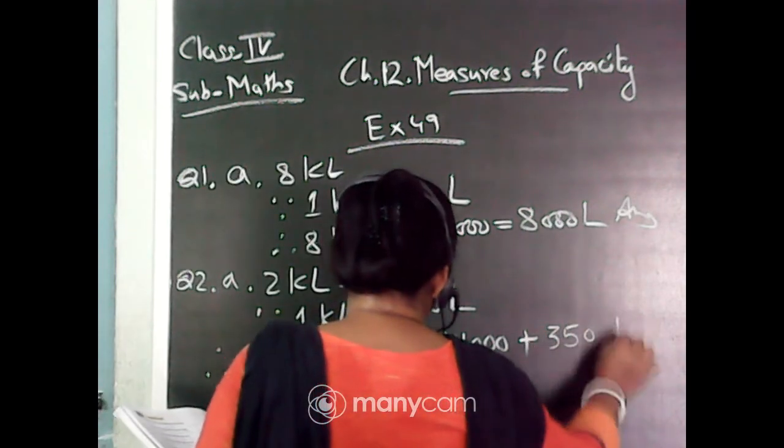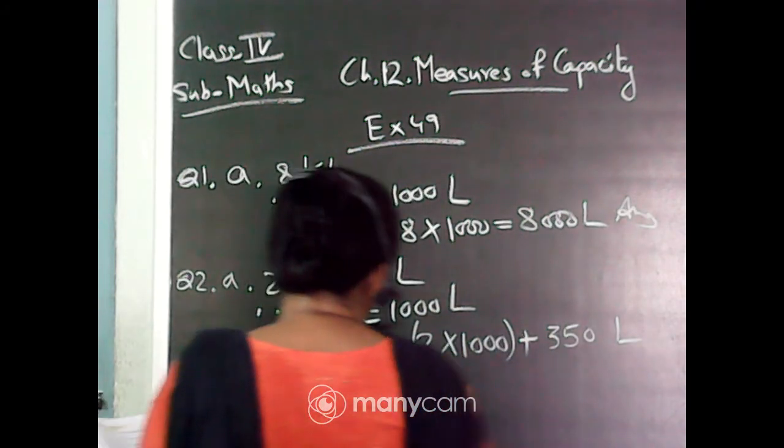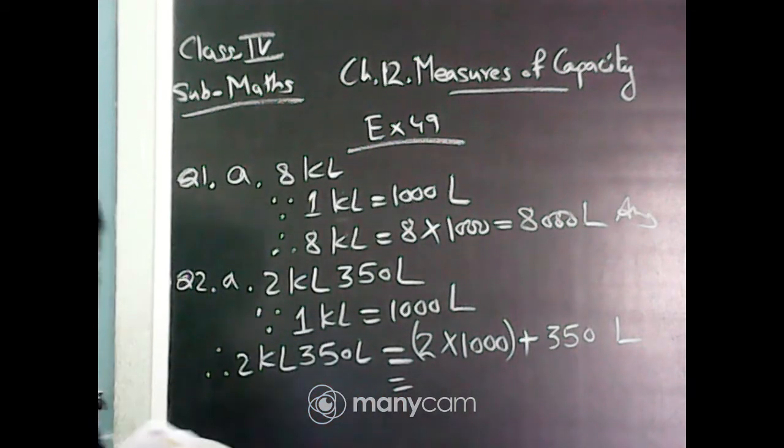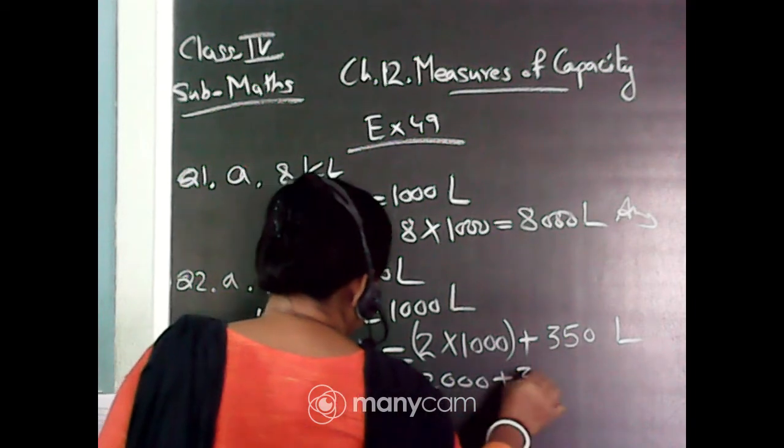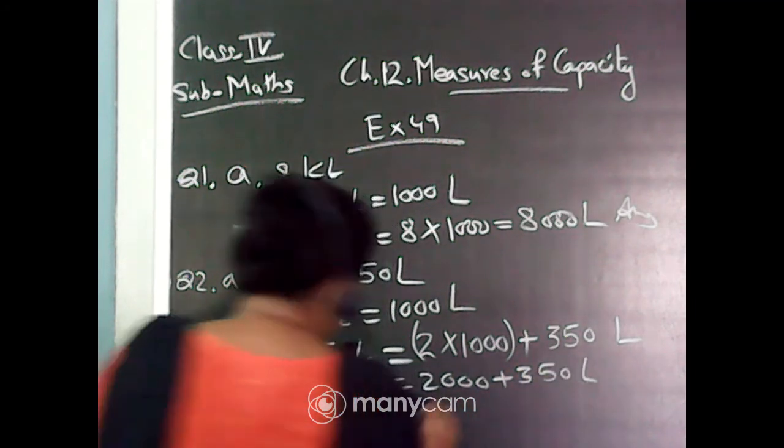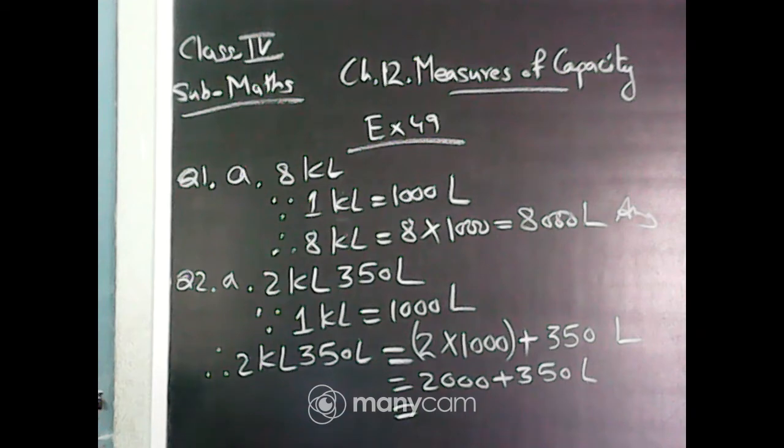Now the whole thing is in liters. This after multiplication you will get 2000 plus 350 and the answer is, what is the answer?